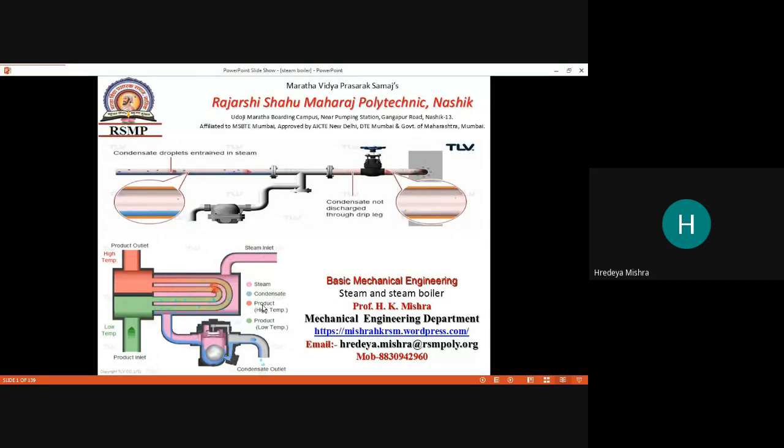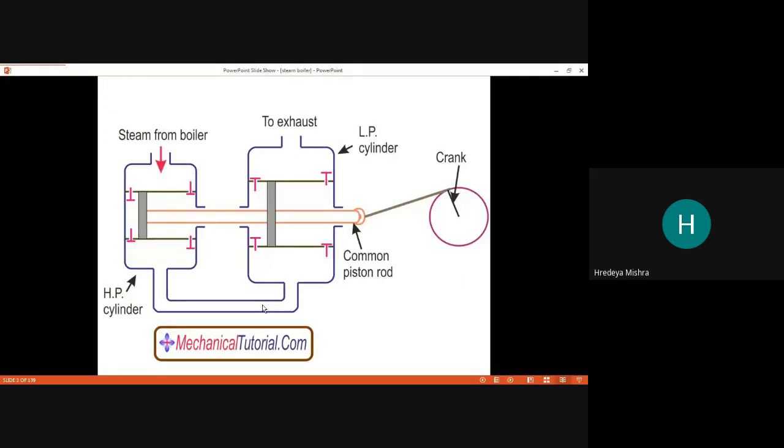Here you can observe a system with a cylinder and steam from the boiler. It is a system of a turbine where the steam from the boiler enters the chamber, and this steam energy is converted to the rotation of the piston and cylinder assembly.